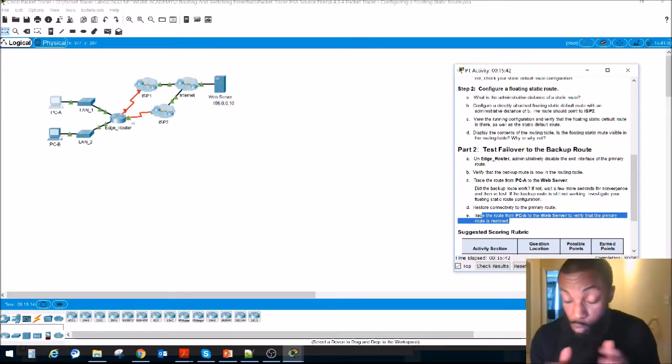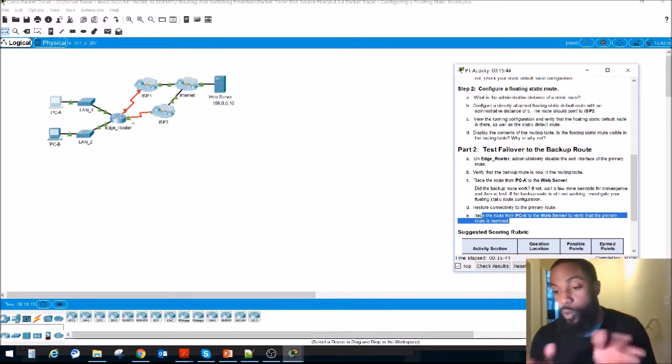Dynamic routing protocols will do this for you automatically because they always change and they know when something's down. Well, not all the time, but for the most part, that's what dynamic routing protocols are designed to do. Static routes don't scale well.